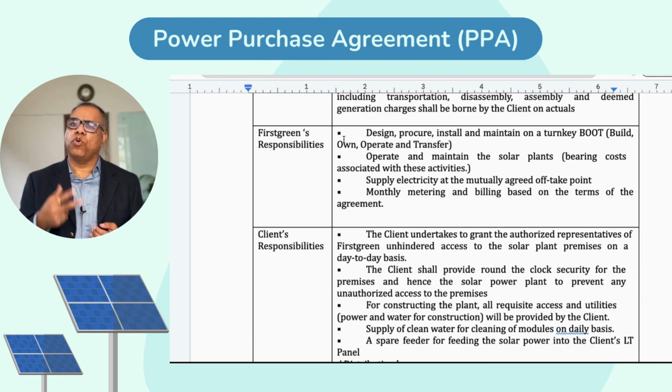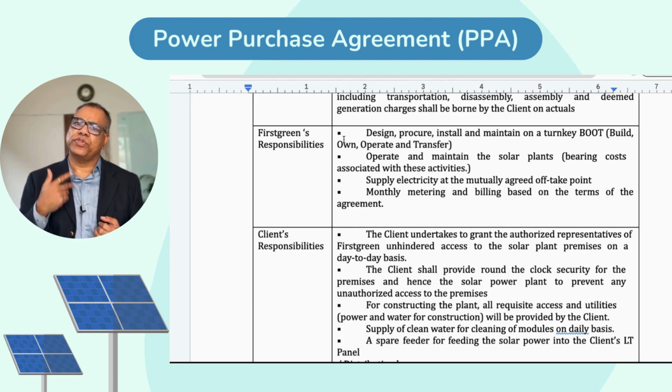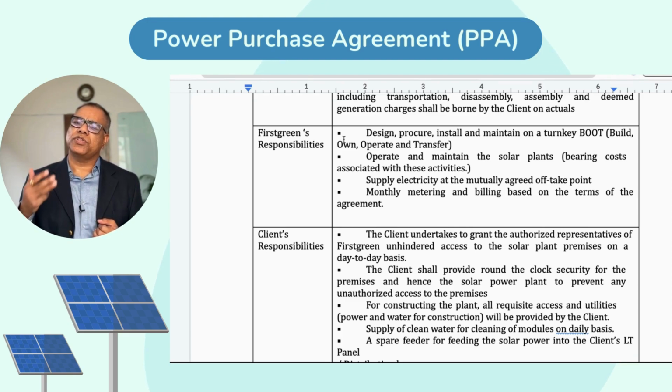Now, here come two more terms. The first is the responsibility of the developer, and the second is the responsibility of the off-taker. Let us discuss the responsibility of the developer first. The developer has to install the system in a specified time.